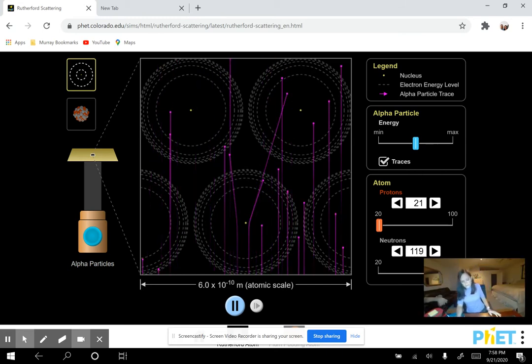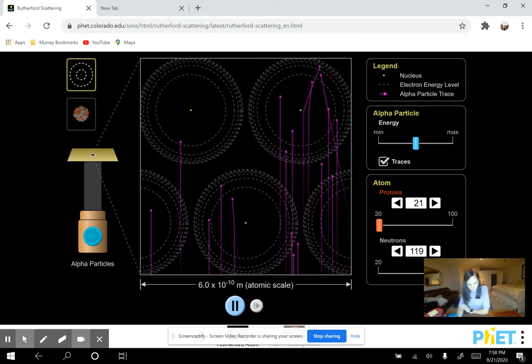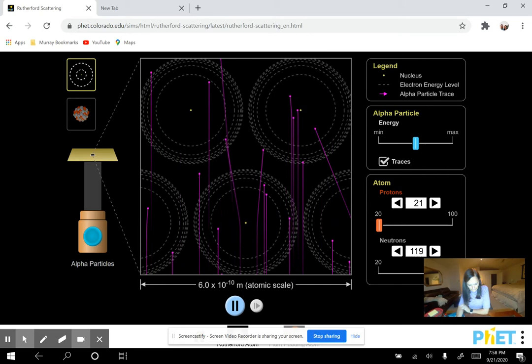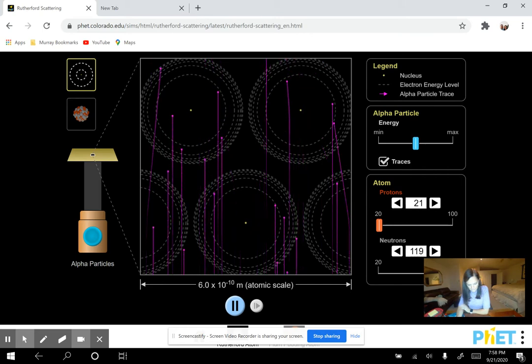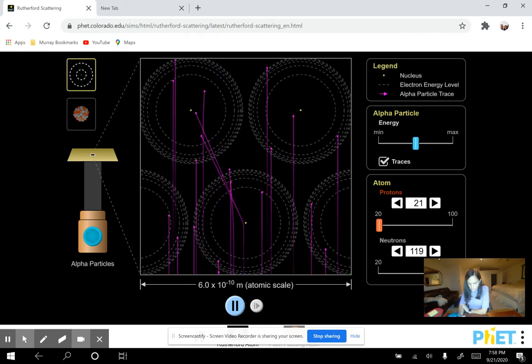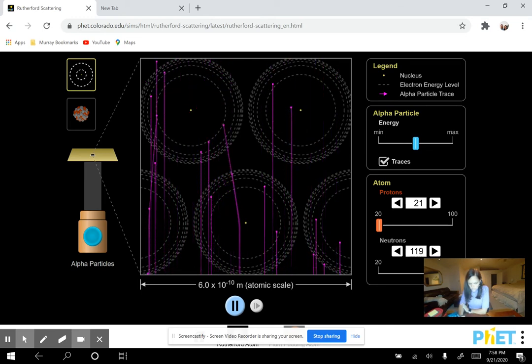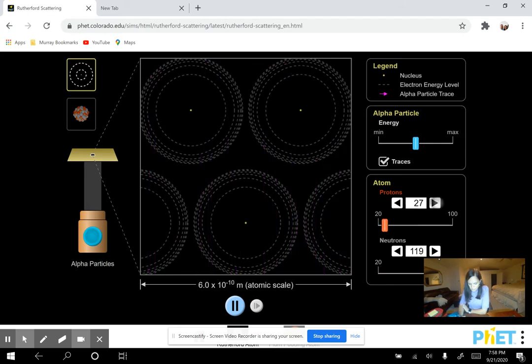So do we have a change of pattern here? Let's up the protons now to about 60 and see if it changes the pattern.